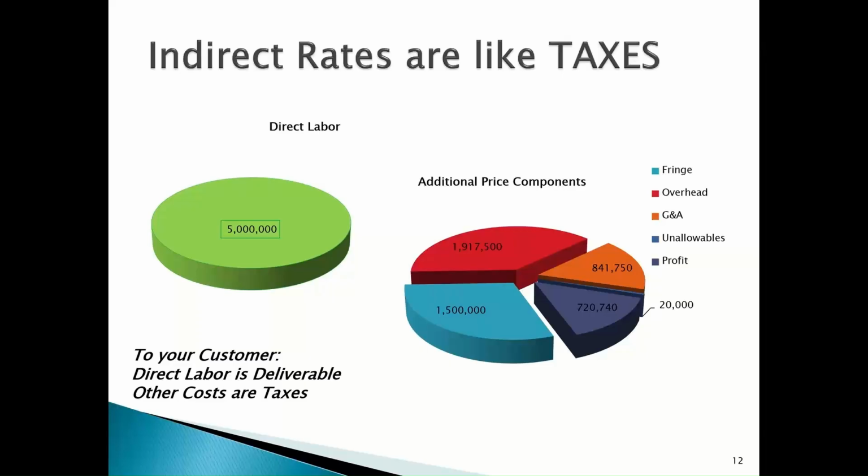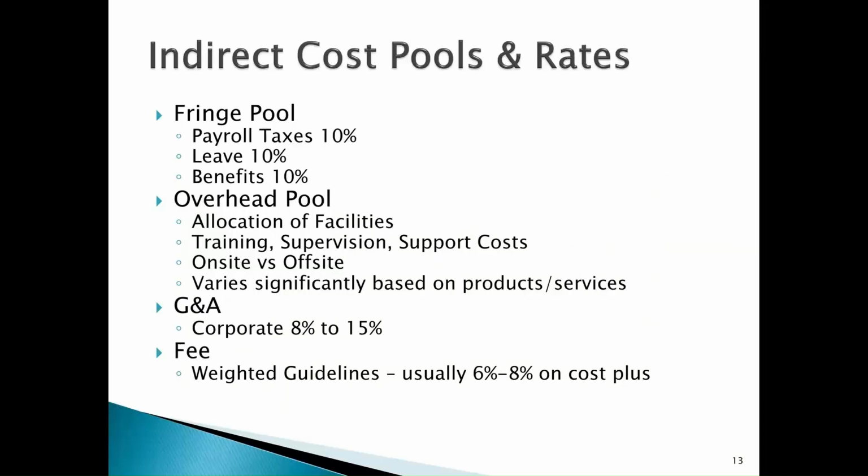So another way that I express this is I've already mentioned our indirect rates and pools: 30% for fringe, overhead just depends on the kind of work you're doing, and our G&A. Fee is an interesting animal.